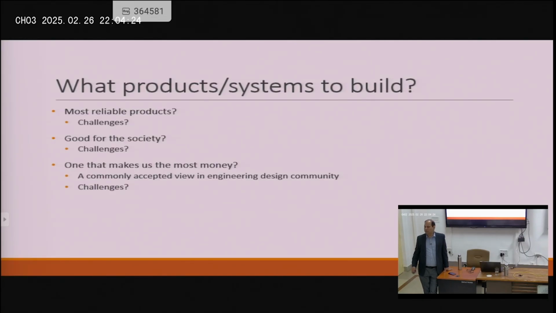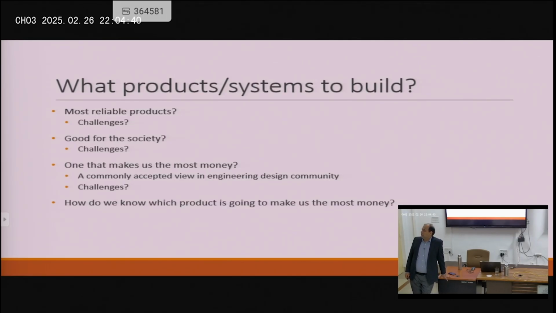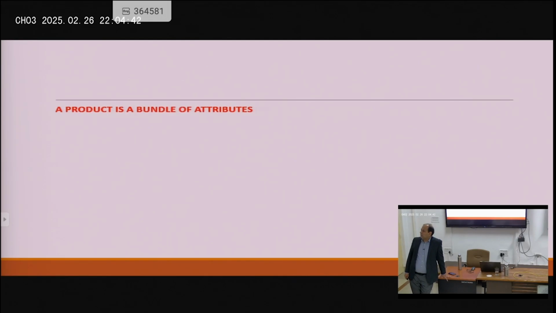So you may not be able to sell as much as you think you will. So the challenge with trying to convert everything to money is, it sounds good, mathematics will make sense, but we don't have good models that we can rely on all the time. Okay? So a product is a bundle of attributes.